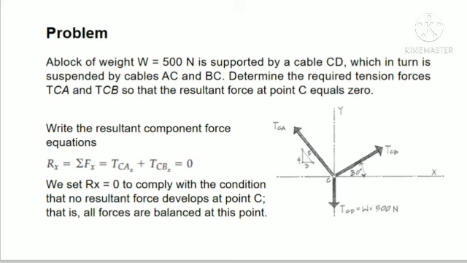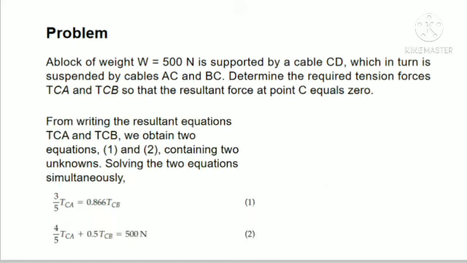So we set Rx equal to 0 to comply with the condition that no resultant force develops at point C. That is, all forces are balanced at this point. From writing the resultant equations, TCA and TCB, we obtain equations 1 and 2, containing 2 unknowns, solving the 2 equations simultaneously.